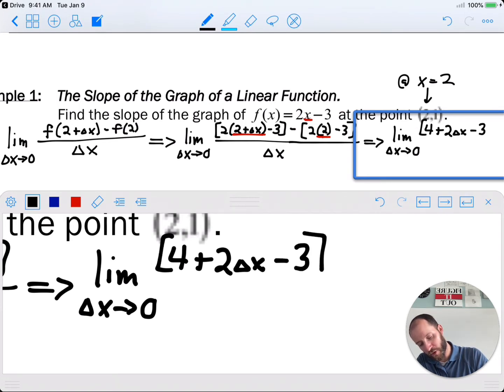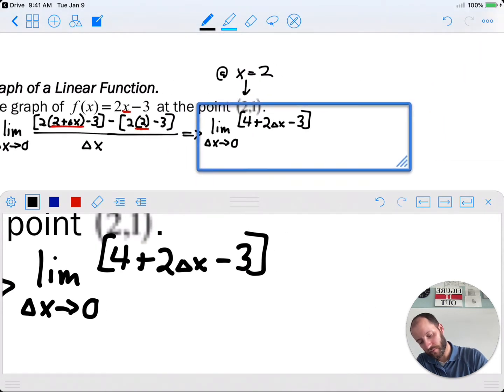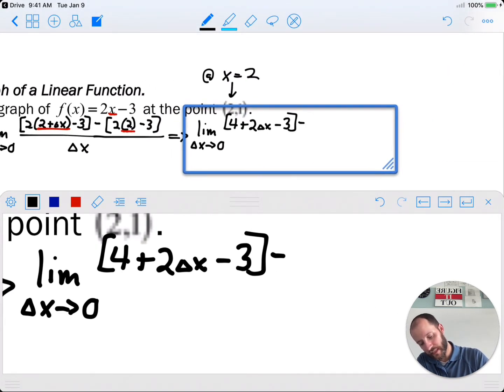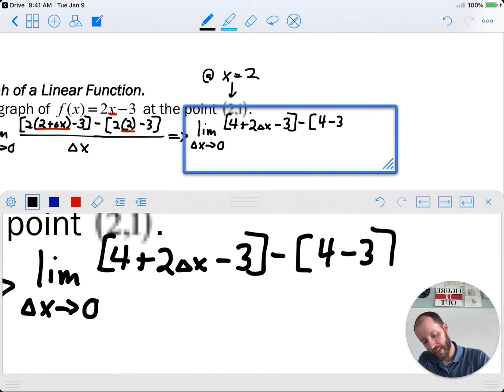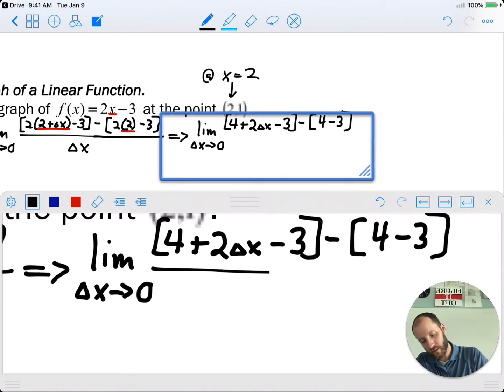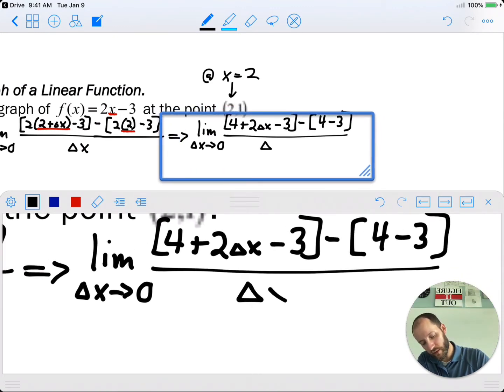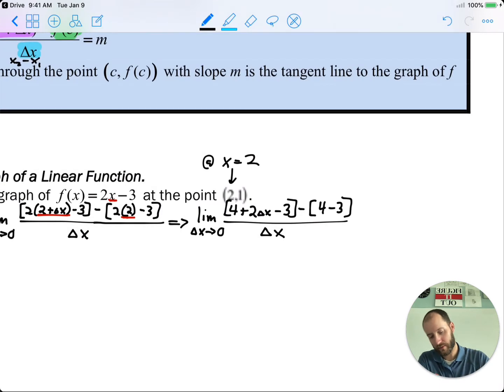That is our first set of brackets. Minus 2 times 2 is 4 minus 3. It's our second set of brackets. All over delta x.